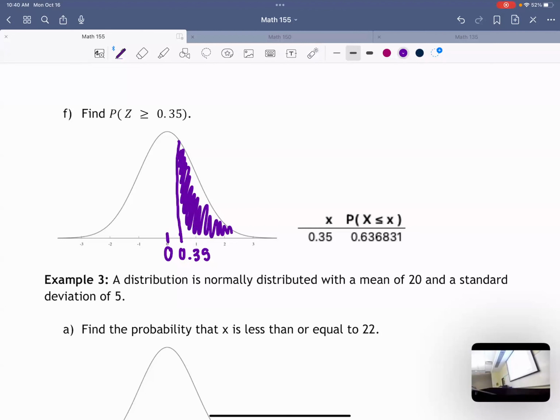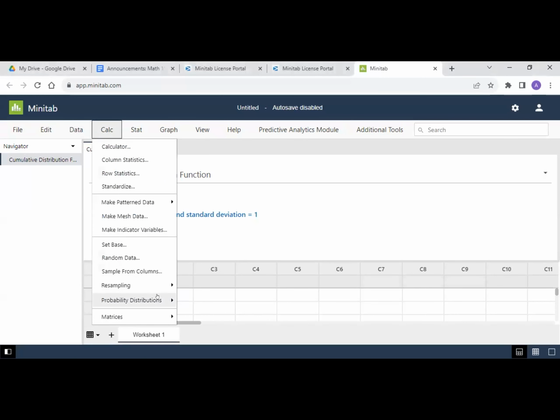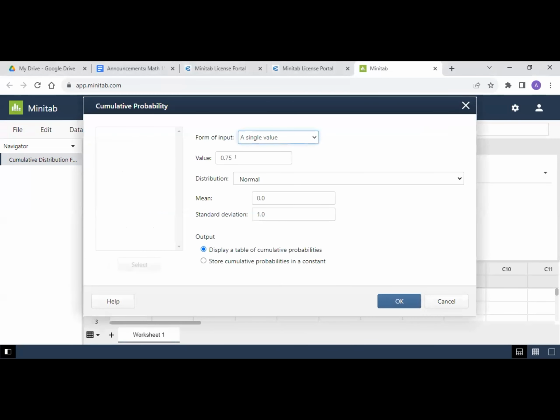So what you're going to do for greater than probabilities, you're just going to do the same thing that you did before, okay? Let me kind of just show you just because I'm kind of paranoid like that, okay? You're going to click on calc. You're going to click on probability distributions. You're still going to click on cumulative. And you basically do the same thing as we did before, but just type in what we're interested in.